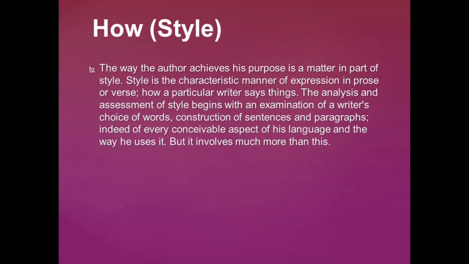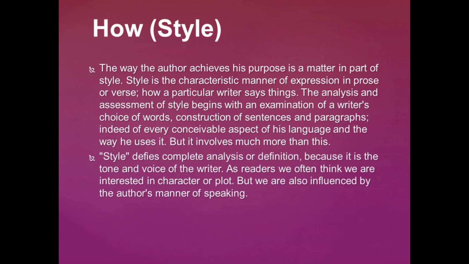The analysis and assessment of style begins with an examination of a writer's choice of words, construction of sentences and paragraphs, indeed of every conceivable aspect of his language and the way he uses it. But it involves much more than this. In fact, style defies complete analysis or definition because it is the tone and voice of the writer.